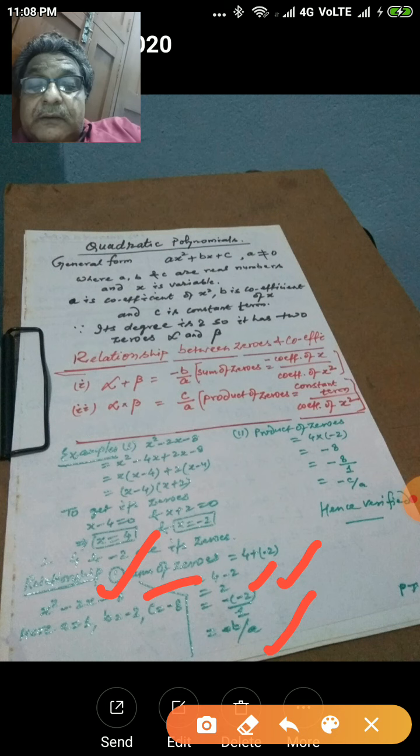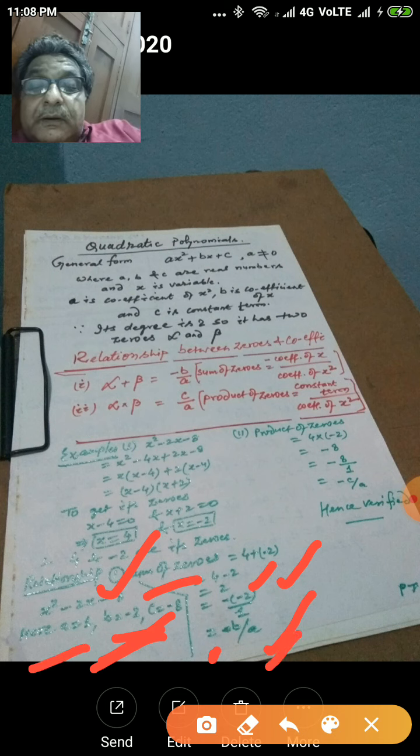In this way finally we have written sum of zeros is equal to minus under bracket minus 2 by 1, and then the outside minus remains, and for bracket minus 2, since we have written here b equal to minus 2, so in place of minus 2 we write b, and 1 is our a, so by a.